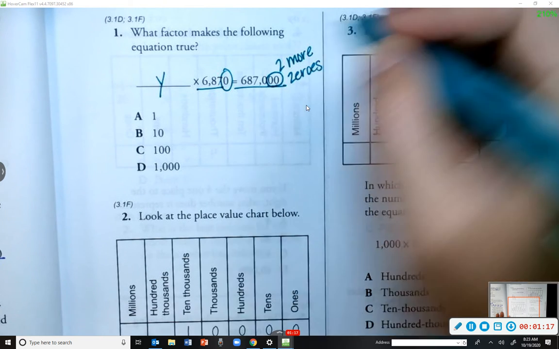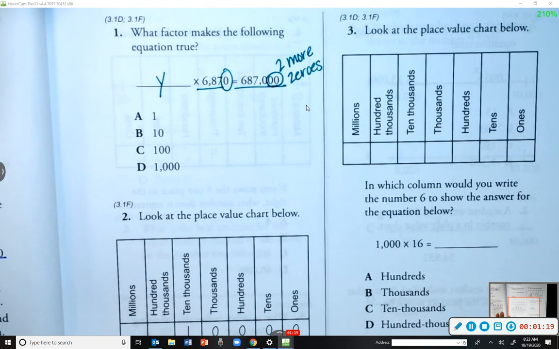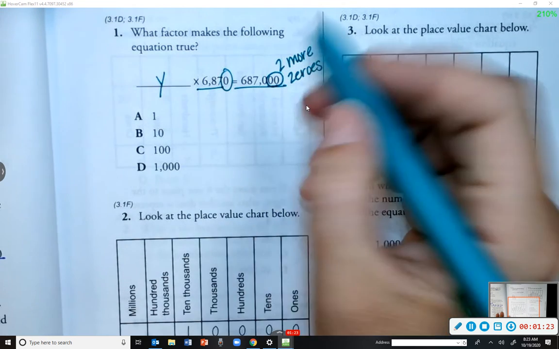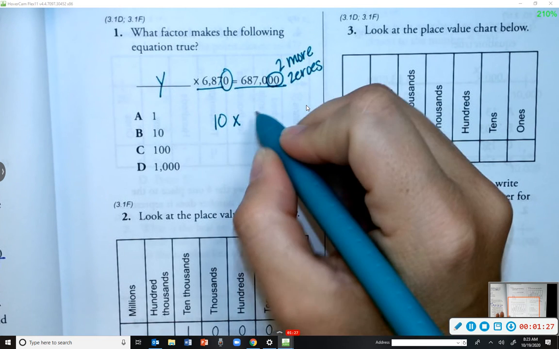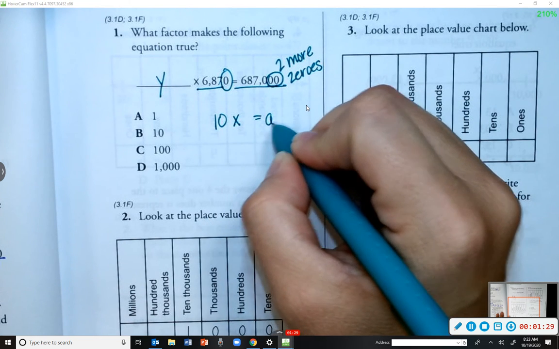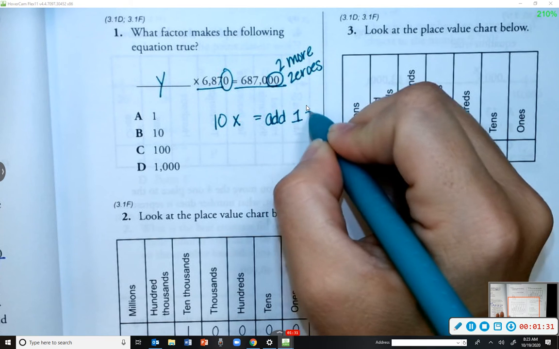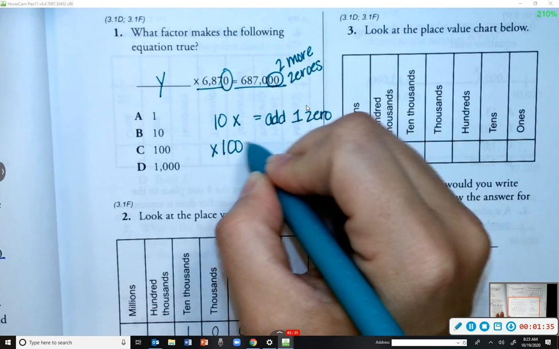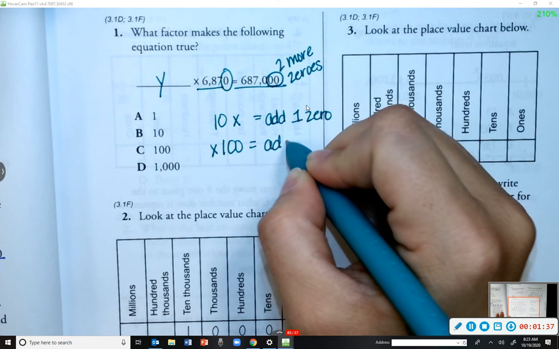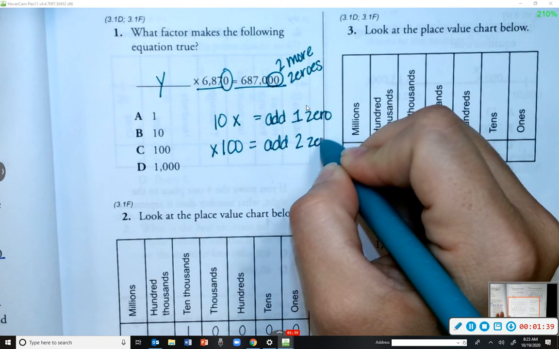Okay. Now, the fun thing or the easy thing about math is when you're multiplying by 10, any number times 10, you add 1 0 to the end. If you're multiplying by 100, you're going to add 2 zeros to the end.